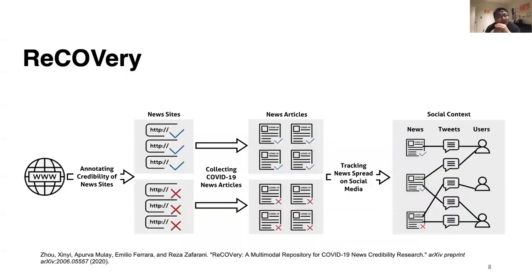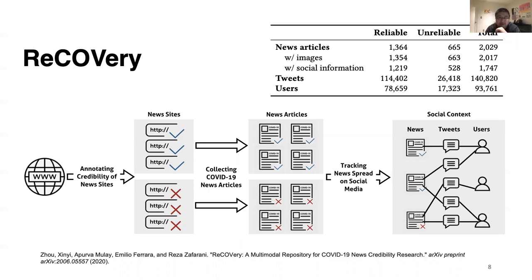In addition to that, there are also researchers trying to collect misinformation on social media and build a public database for researchers to study further. This is a data set called Recovery, which was constructed by a group of researchers from Syracuse University.